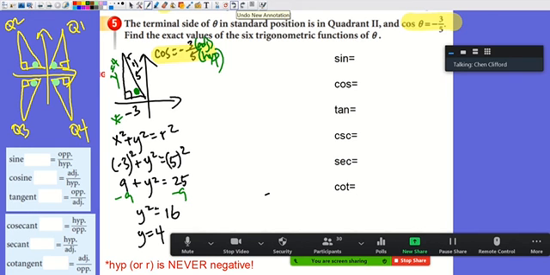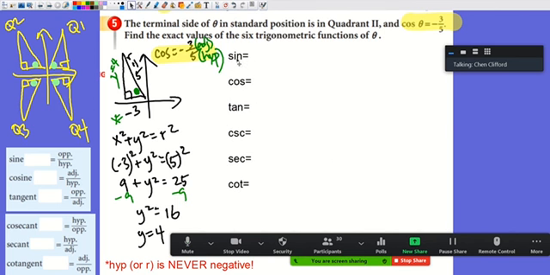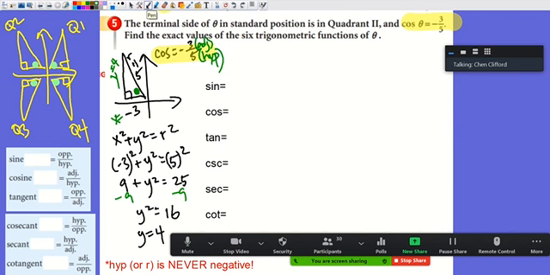Now, everything else is the same thing we always been doing. So watch this. Sine, let me write that down here, is going to be 4 over 5.